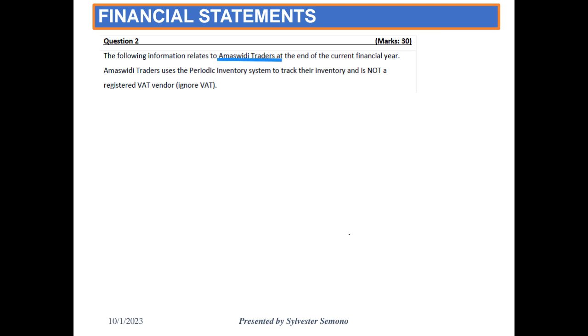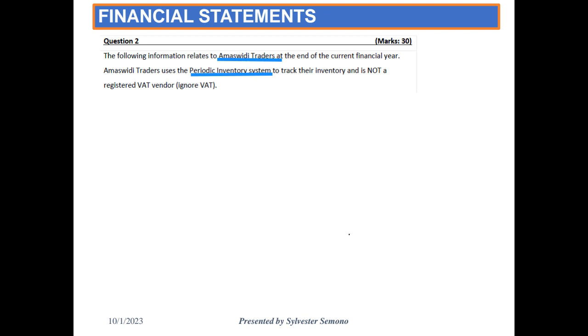Even if they cannot tell you that you are using the periodic system, by looking at the information given to you, you will understand which system you need to use, because it depends on how they deal with the cost of sales. Are we together? Yes. If I may ask, by looking at the information, how will you know whether they are using periodic or perpetual?